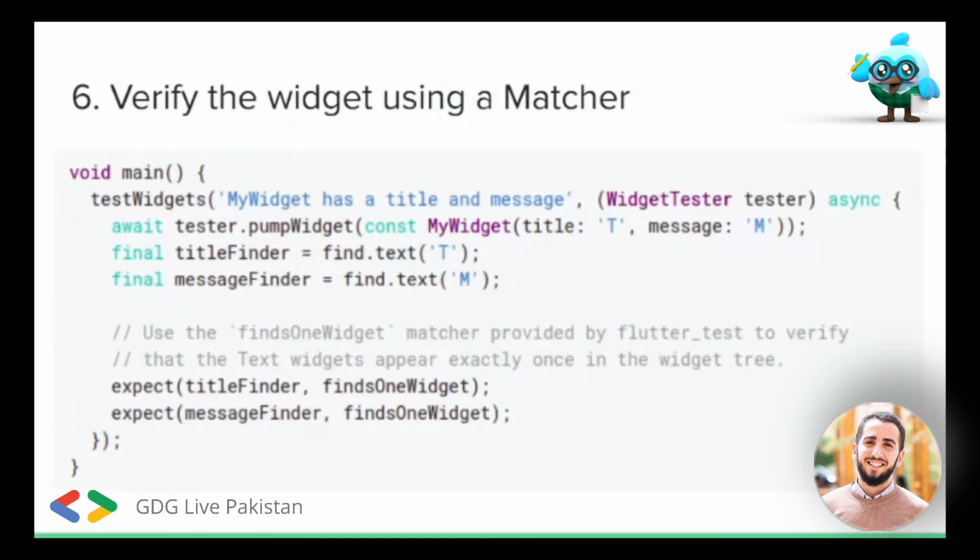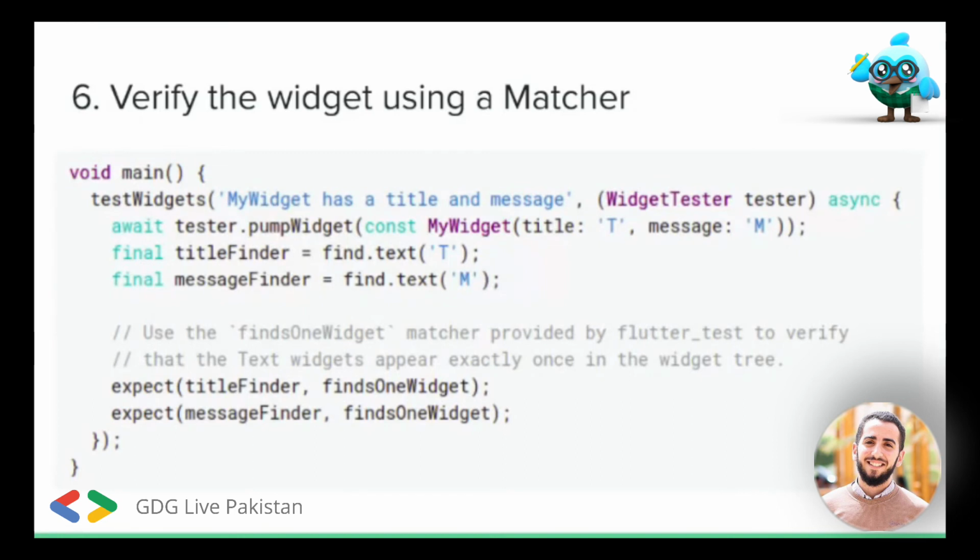After that, we need to verify the widget using a Matcher. Finally, we need to verify that the title and message Text widgets appear on the screen using the Matcher constants provided by flutter_test. Matcher classes are a core part of the test package and provide a common way to verify a given value meets expectations or not.